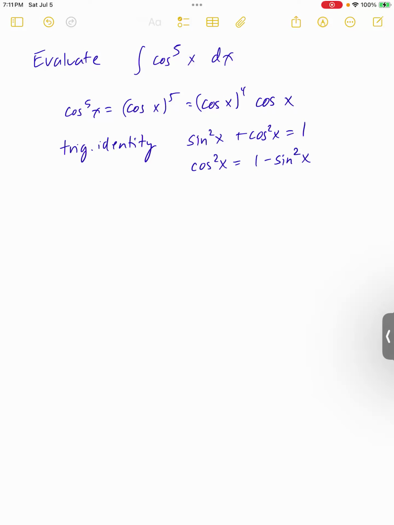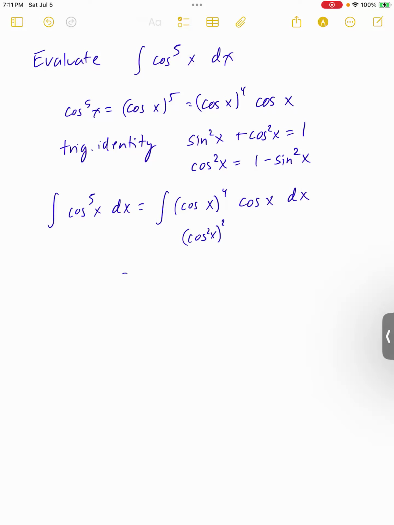So let's go back to our integral. We had the integral of cosine x raised to the fifth power dx, and we said that was cosine x raised to the fourth power times cosine x dx. Here we have cosine x raised to the fourth power, which is basically cosine squared x raised to the second power.